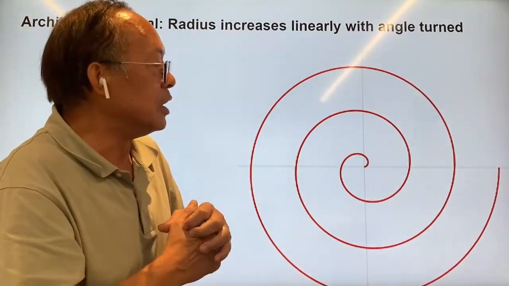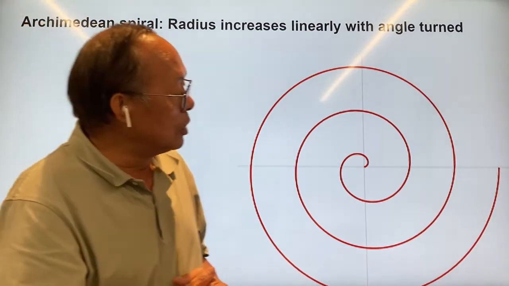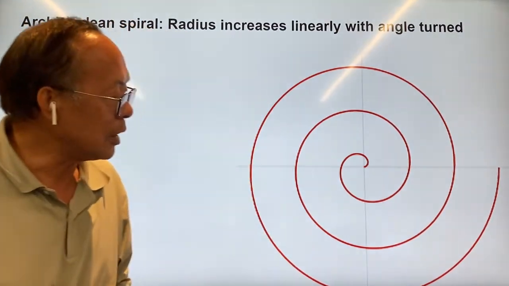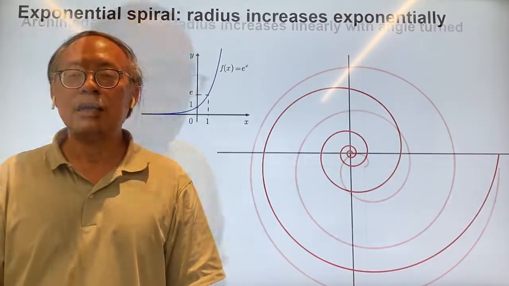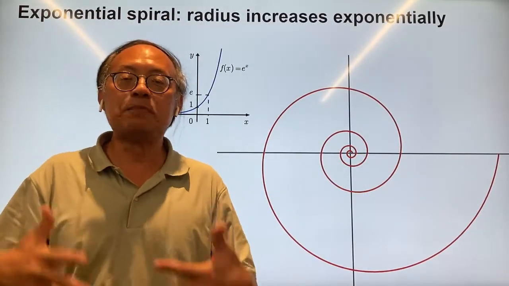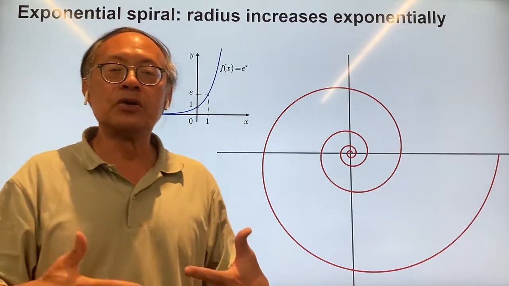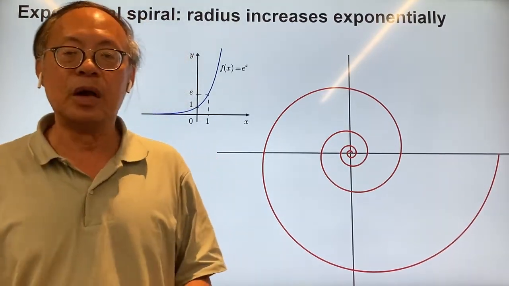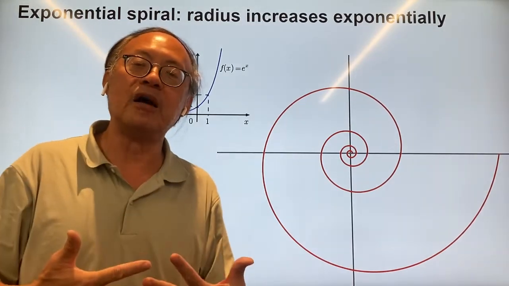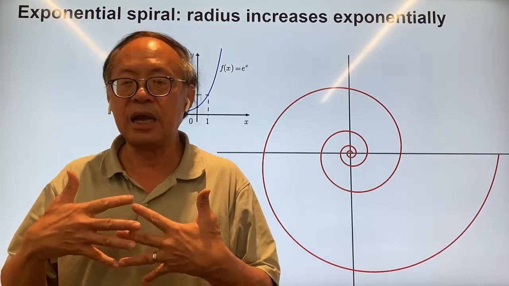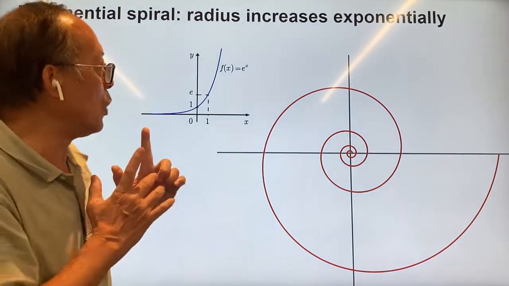It is a kind of spiral that is used a lot in engineering. There's another spiral by the name of Bernoulli, also called the exponential spiral, discovered by Bernoulli as he observed that in nature many spiral shapes have an exponential shape. How does it work?